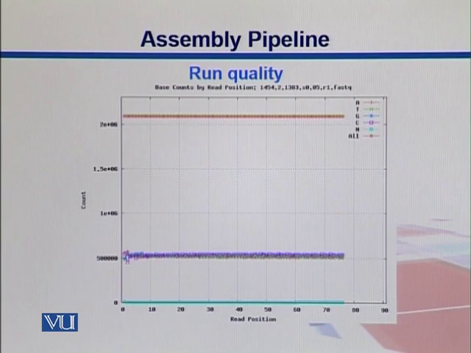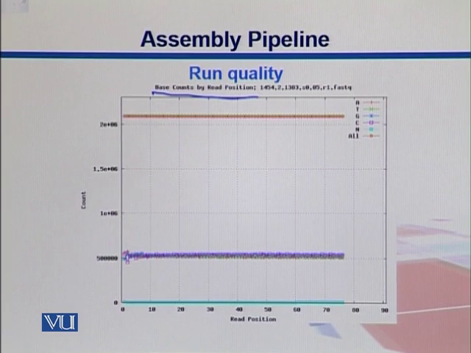Here we see the run quality: sequencing runs, how good they are, and whether the sequencer gives us good data. We are looking at this in terms of the number of base counts by read position. We know that we have A, T, G, and C, and sometimes sequencers place N where it's unknown or not sure which nucleotide is there.